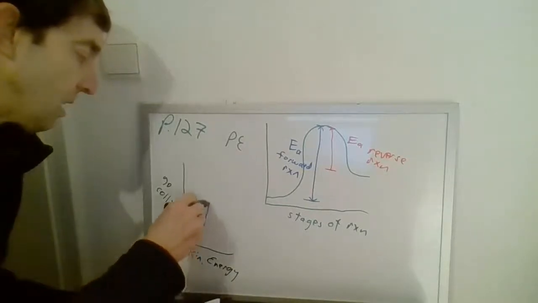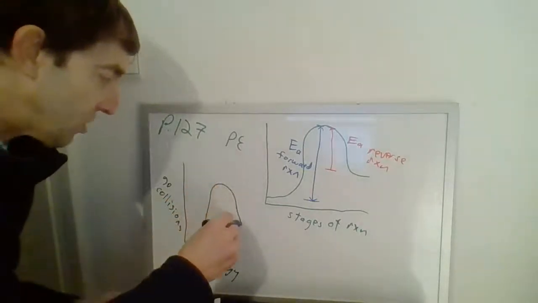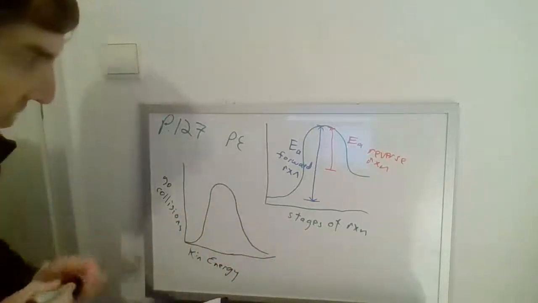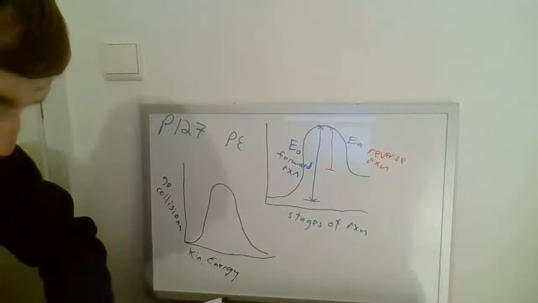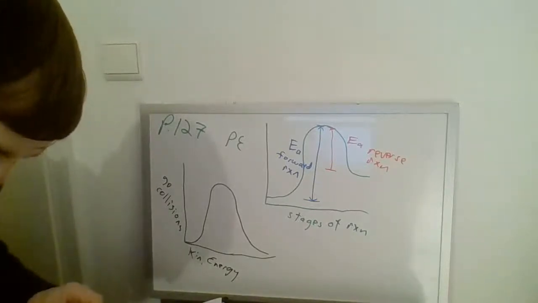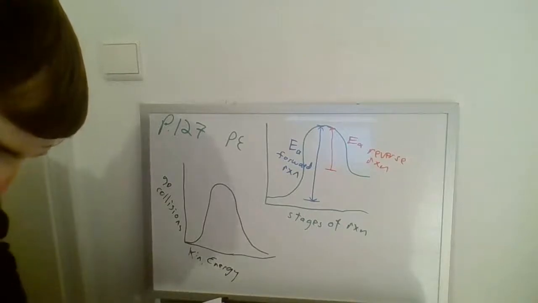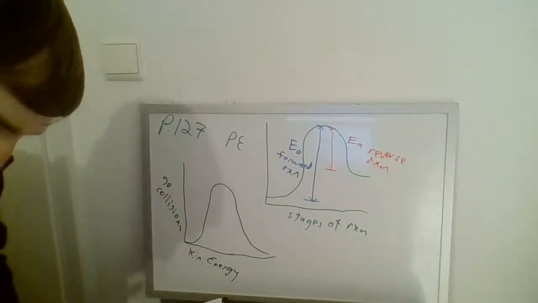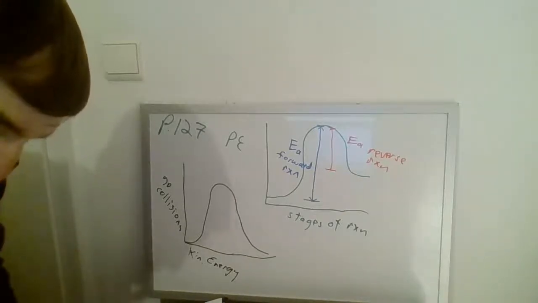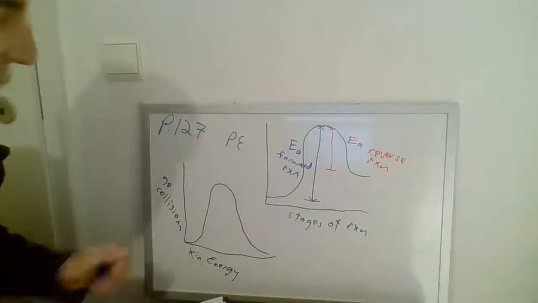I got a lot in the middle, and I got some that are higher energy collisions. And the point is, what? She's got that wrong. No, she doesn't. Okay, all right, sorry.